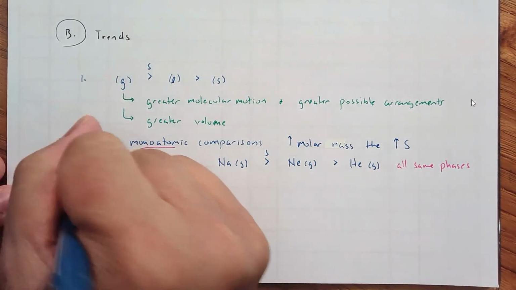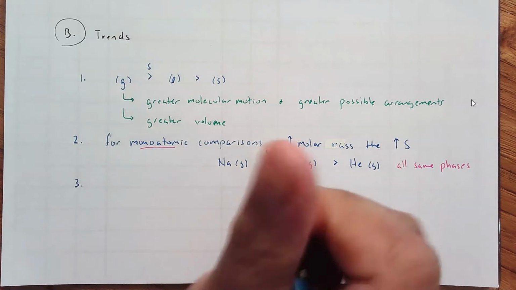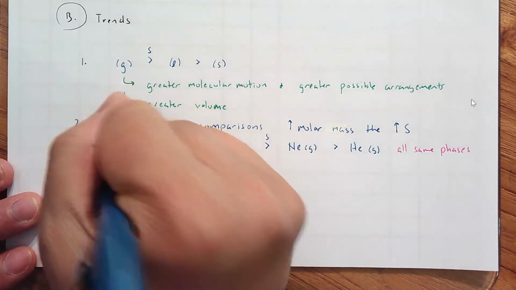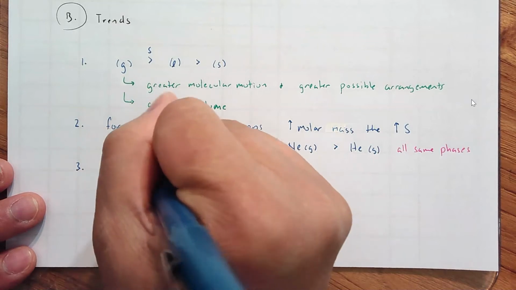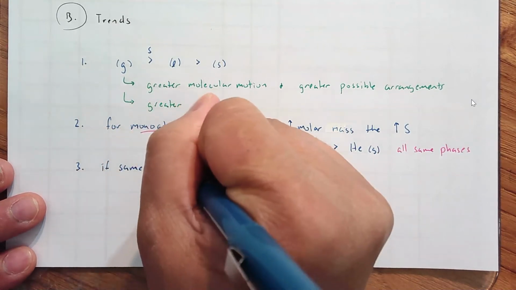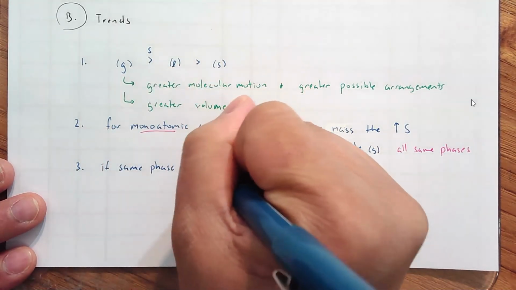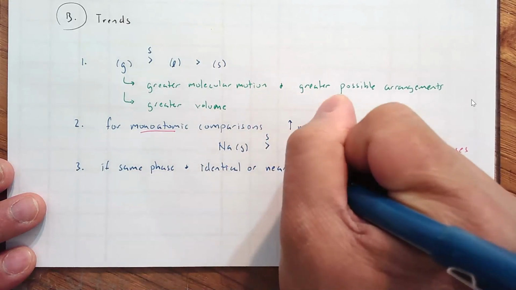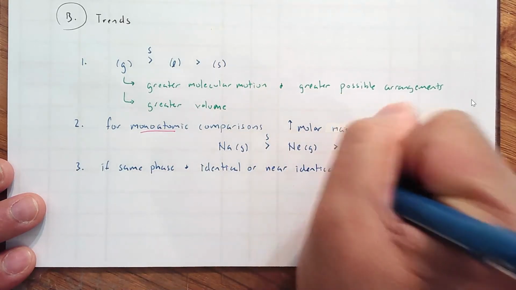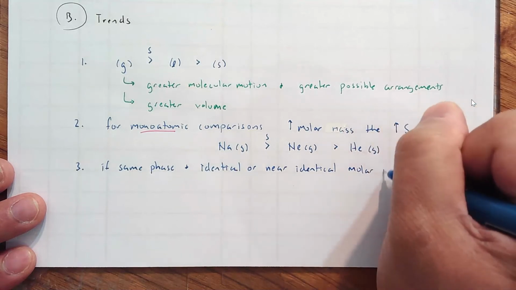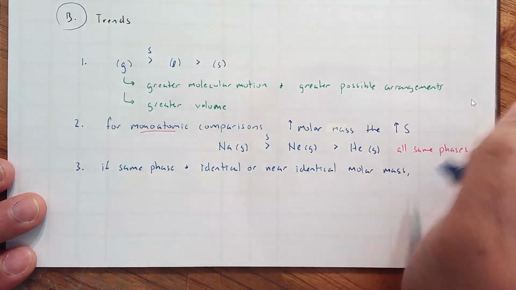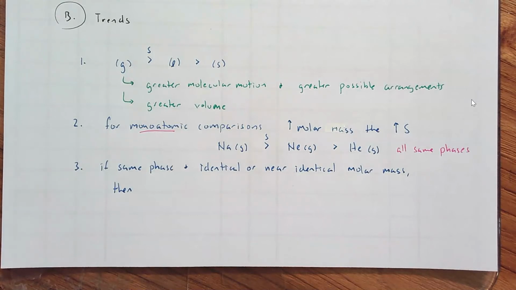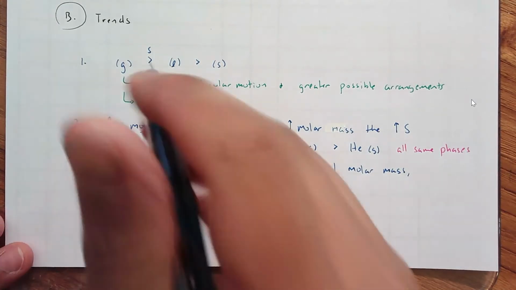Number 3. Two molecules: if same phase and identical or near identical mass, then the one with higher complexity has greater entropy.